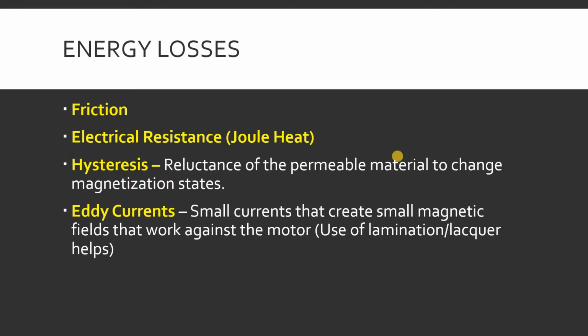Then we have eddy currents, and there really is a very cool video or a demonstration tool here. I might have to link that particular demonstration for you to see. Very, very cool. Typically we use the concept of eddies in water, but in this particular lesson it says another kind of energy loss occurs when magnetic flux within the motor induces eddy currents. These are tiny currents that produce small magnetic fields working against the rotating armature.